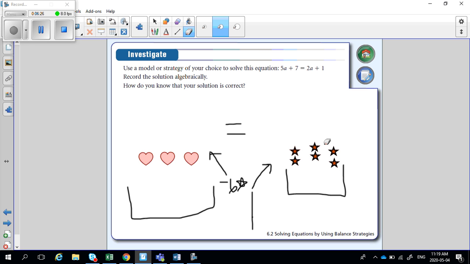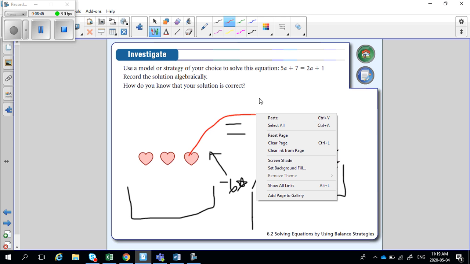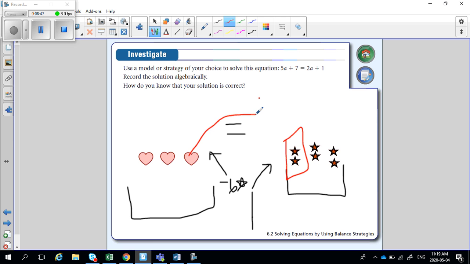So if I look at the 3 groups, 1, 2, 3, each group fits with a heart. So if I look and I say 1 heart is the same as 2 stars. And what kind of stars are they? Well, they're negative stars, right? And then this heart goes with these guys.